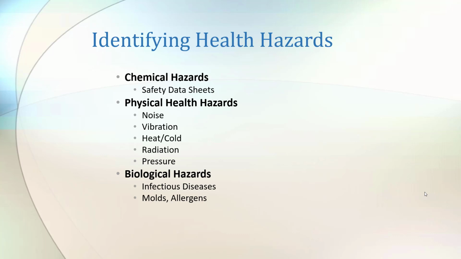Many of you may have worked somewhere where they either kept it really cold or really hot. Those can cause occupational injuries. Biological hazards, you could have infectious diseases within the workplace. You could also have a mold or an allergen that's in the walls if it's an older building. Those can all cause occupational injuries and illnesses.